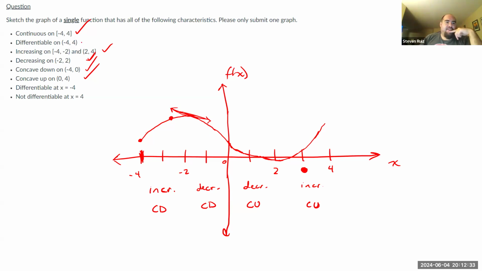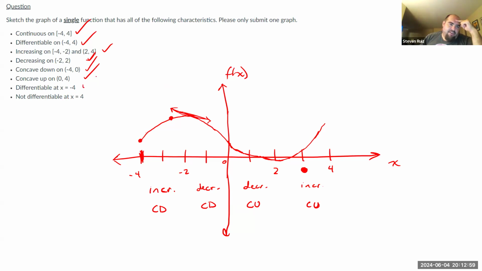So I have differentiability everywhere except maybe the endpoints. I want differentiability at the left endpoint, but not at the right endpoint. I have it on the left, because a tangent line here would be unique and well defined.